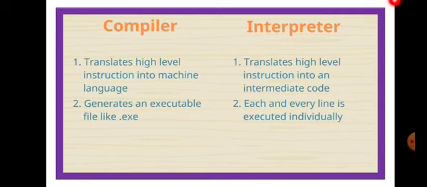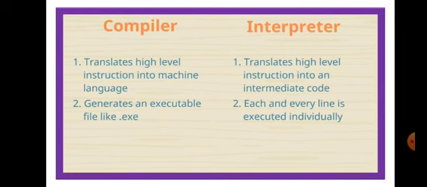As you know, machine language is in the form of zeros and ones, that is bits. Number 2, the compiler generates an executable file like .exe. exe stands for executable file. So the source code, which is in the form of .java, is finally generated into an executable file.